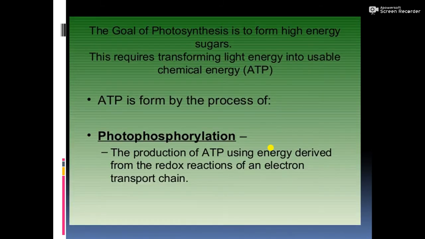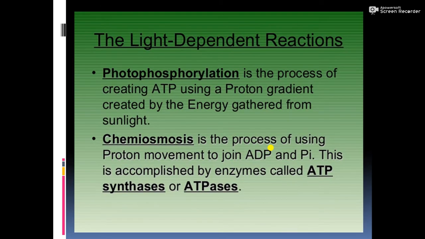The goal of photosynthesis is to form high-energy sugars. This requires transforming light energy into usable chemical energy. ATP is formed by this process. First, we have to learn about photophosphorylation, the production of ATP using energy derived from the redox reactions of an electron transport chain.